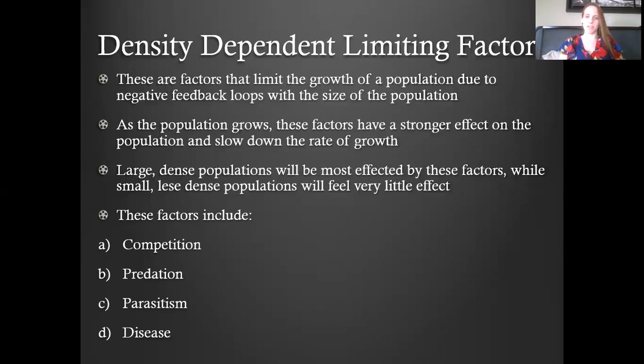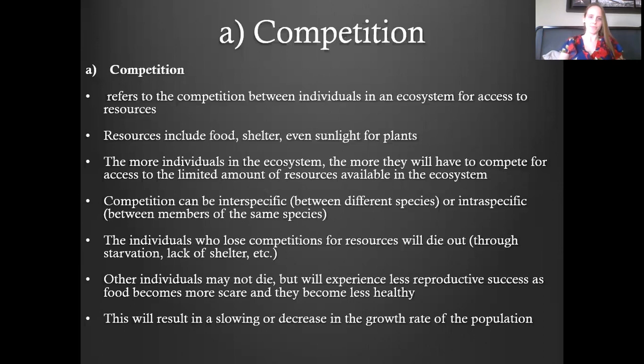Density dependent limiting factors include competition, predation, parasitism, and disease. And we'll be talking more about competition, predation, and parasitism in the next lesson. But competition essentially is just any type of competition between individuals for access to resources like food, shelter, sunlight, water, mates, all that kind of stuff.